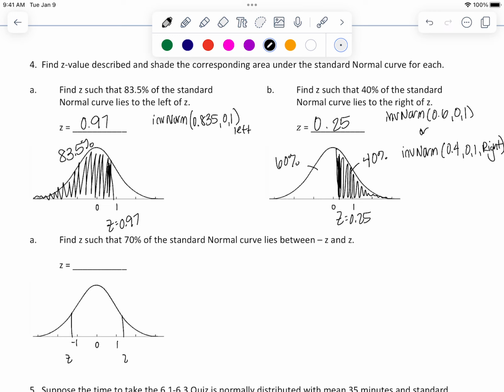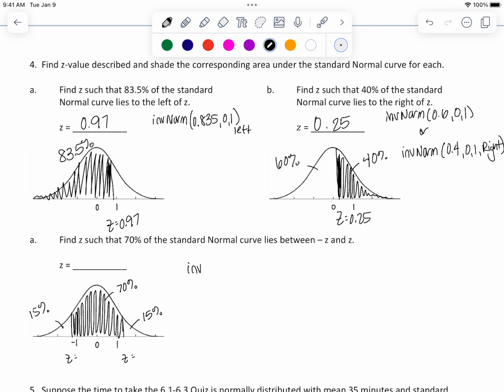Label our z's. We know we have a negative z and a positive z. I wrote that negative, but I'll put the negative number once we solve it. So we know this portion here is 70%, meaning there's 30% on the outside, which is split into 15% above and 15% below, or to the left and right.